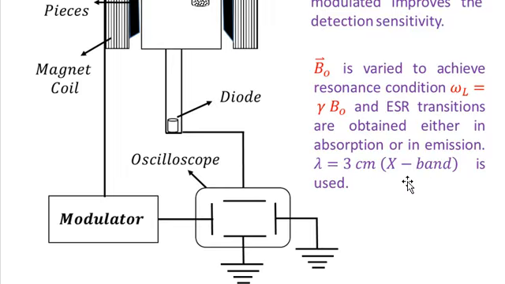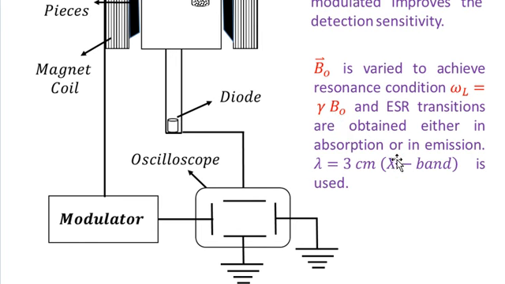So we use microwaves with a wavelength of 3 centimeter, or X band, and we precisely tune the magnetic field B naught so that the resonance condition, omega L equal to gamma times B naught, is matched.